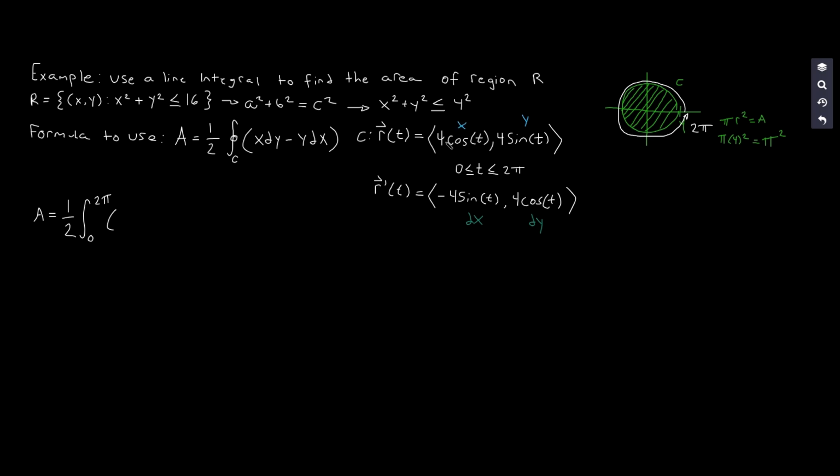Hey, x is right here. x is 4 times cosine of t. Then dy. dy is right here. dy is 4 cosine of t. We did something similar to this earlier, but it was a little different. Now we need y. y is right here. y is 4 sine of t.